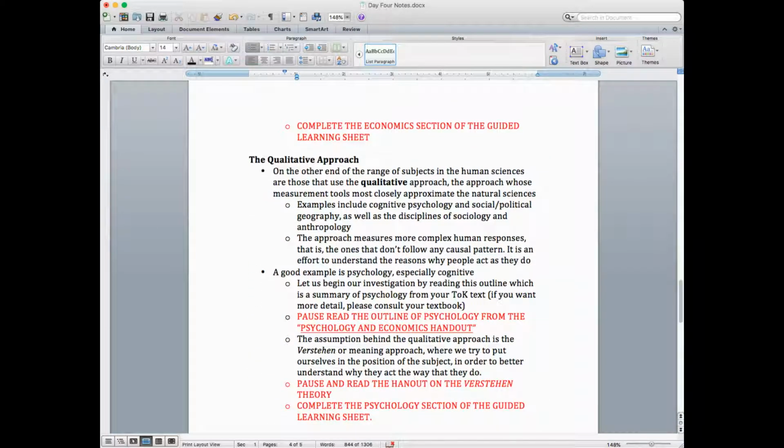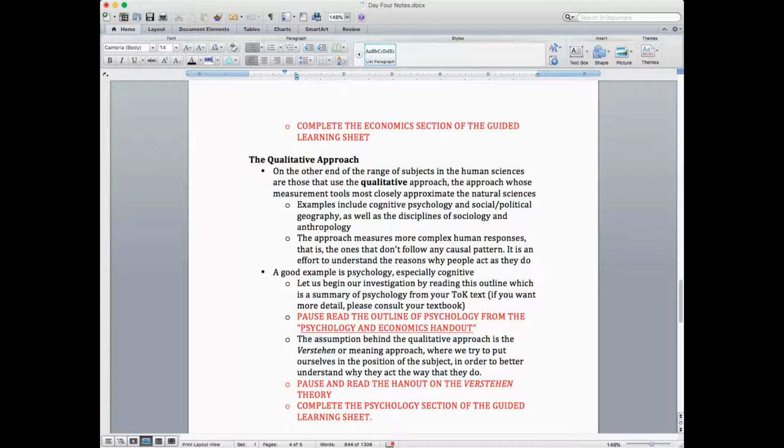Okay, so that is our introduction to the quantitative approach. Those human sciences where we can, although not the same way as natural science, still we can make some measurements. And again, it deals with the more basic behaviors. I would guess that human self-interest is an example of a very basic human behavior.